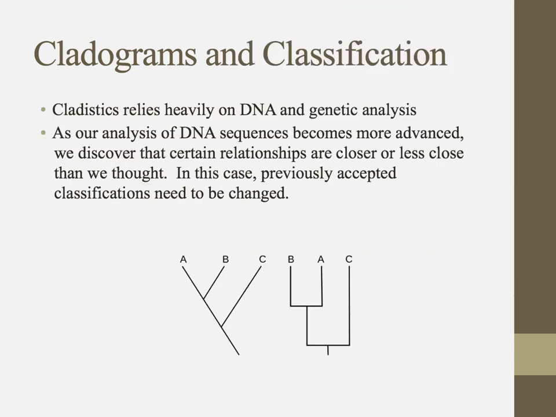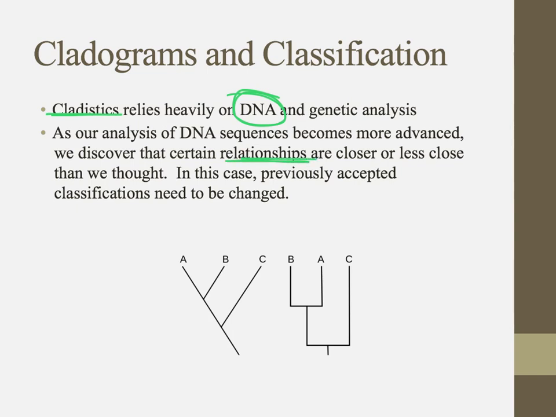One of the great things about science is our ability and willingness to go back and use new technology to revise old hypotheses. Because cladistics relies a lot on new technology, we're uncovering a bunch of new information about relationships.